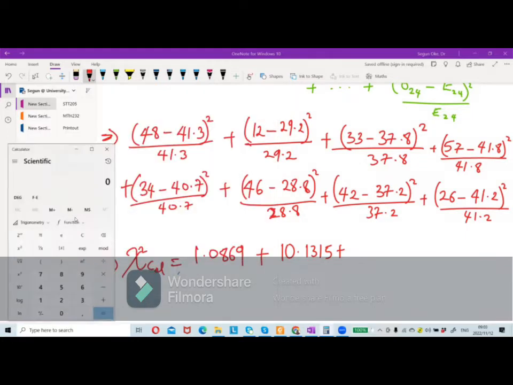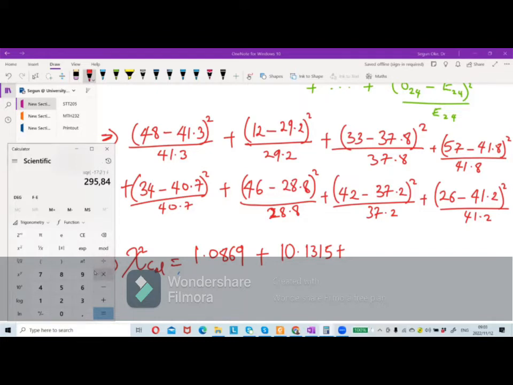The second one, you said 12 minus 29.2. Remember, you have the square already. When you square it, this is what, right?